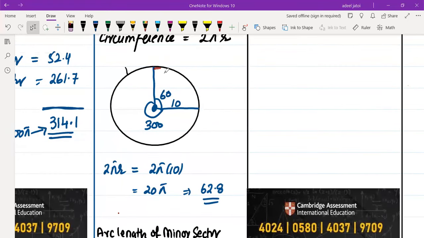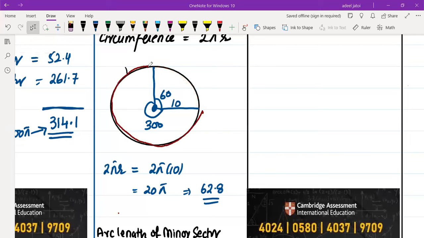So this is your minor sector, right? The boundary of the minor sector is this. This will be the arc length of the minor sector. This other boundary will be the arc length of the major sector.